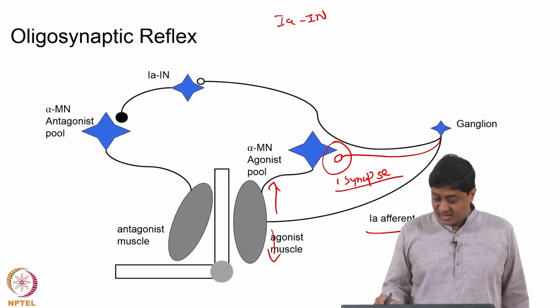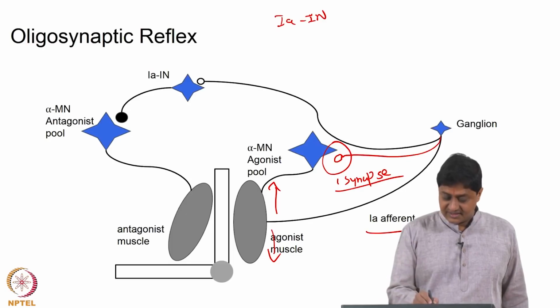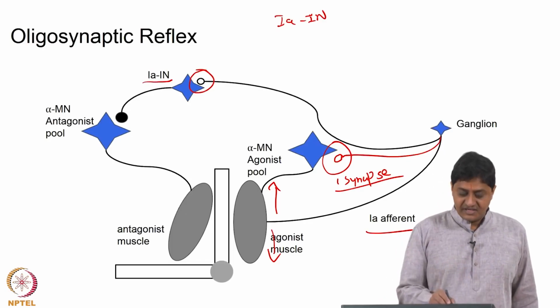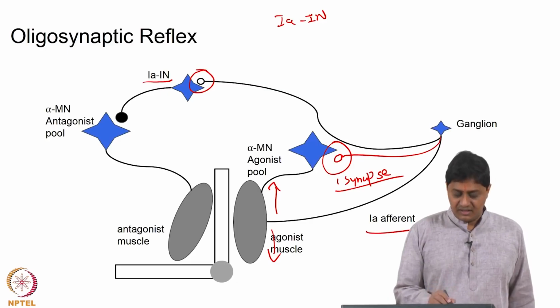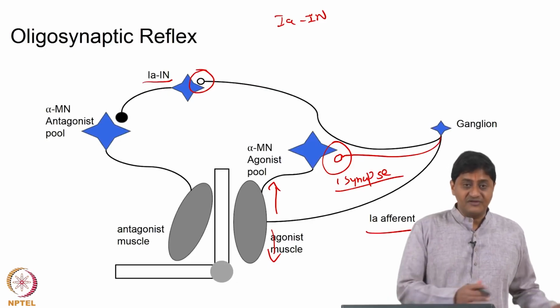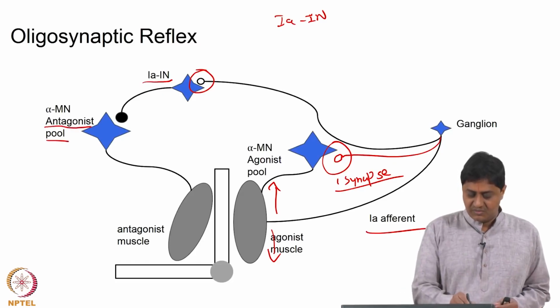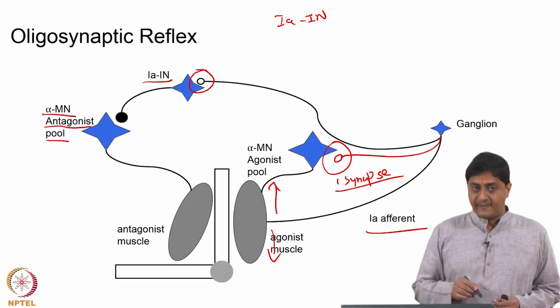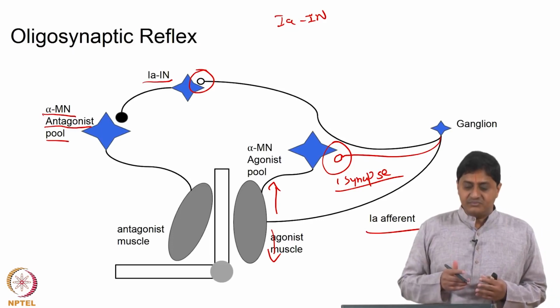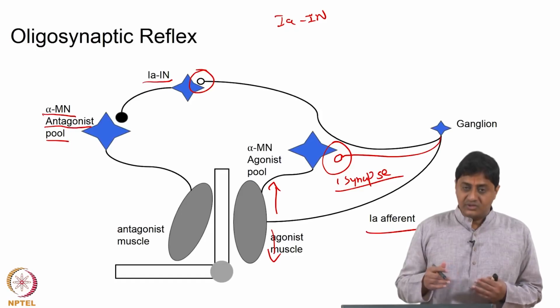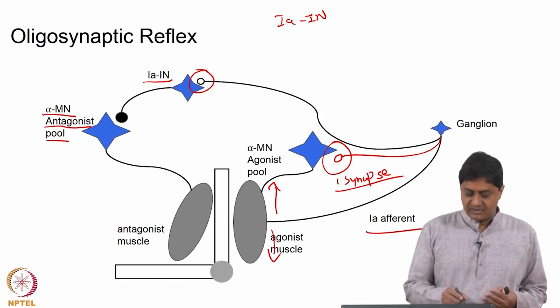But what this 1A afferent also does is that it excites a 1A interneuron which inhibits the alpha motor neuron of the antagonist muscle. So, this is the antagonist muscle's alpha motor neuron. Why does this do that? Because this stretching of the agonist may be due to the contraction of the antagonist.